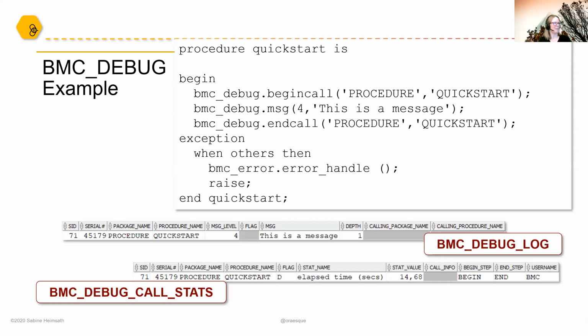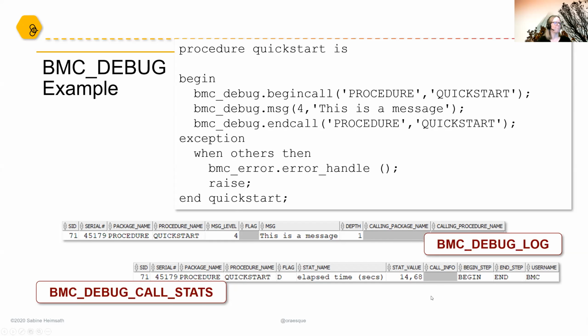This is the last code example, and I think you're starting to recognize how these packages work. I mean, it's more or less always the same. You have some kind of begin call, you can log messages, you can end call, you can handle errors, and yes, you find the information in the tables.